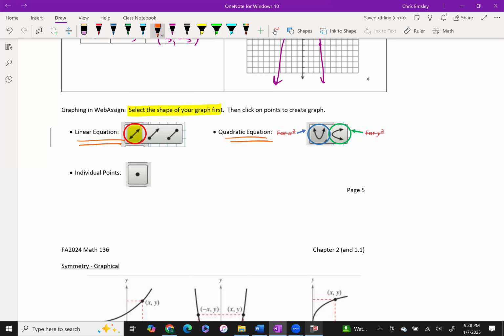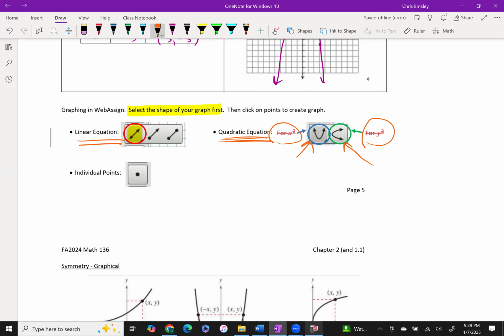For a quadratic equation, I don't know why these are crossed out. They shouldn't be. If your equation is quadratic, that means something is squared. If the x is squared, you want the parabola facing up. It could technically be up or down. If the y is squared, you want the parabola facing to the side. Again, you'll click this button once, and then you'll see two choices, and then you click on the appropriate one.